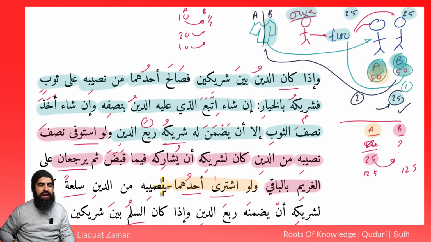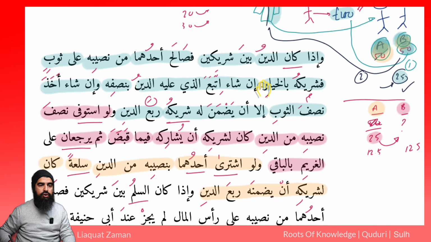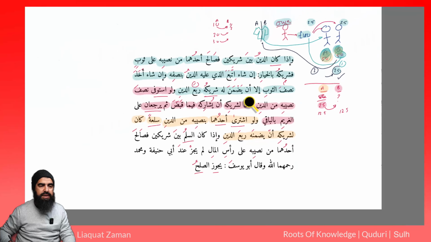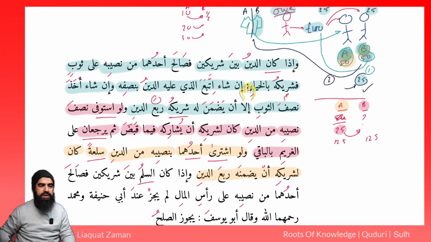He decides to buy with his share min ad-dayn sil'atan, some goods like a laptop or a car. Kana li sharikihi, then the sharik has the right. So B in this case has the right, and yadhmanahu ruba ad-dayni, to guarantee him a quarter of the debt. So what does that exactly mean there? One second, let me just zoom this in.